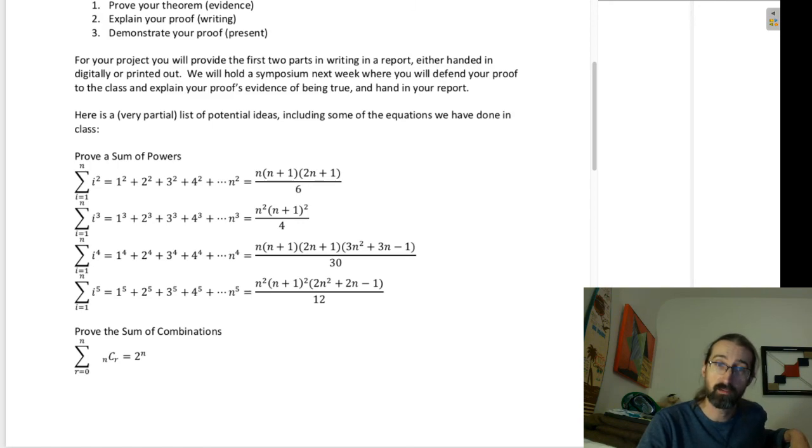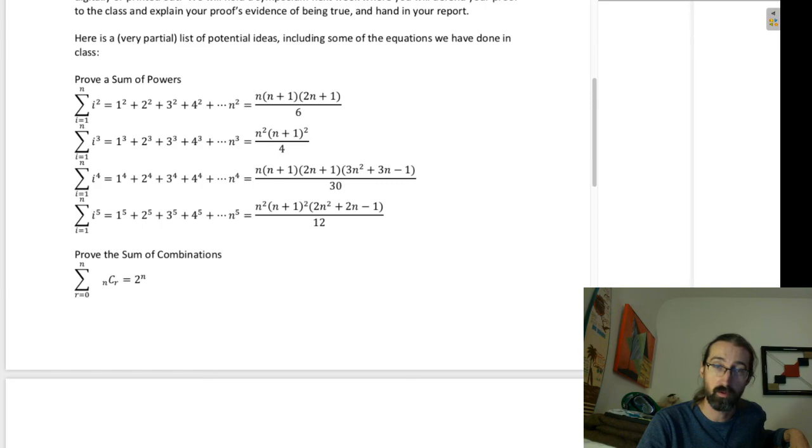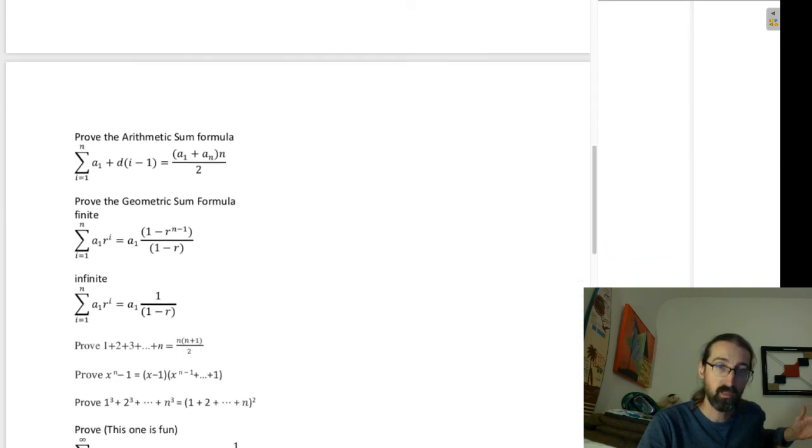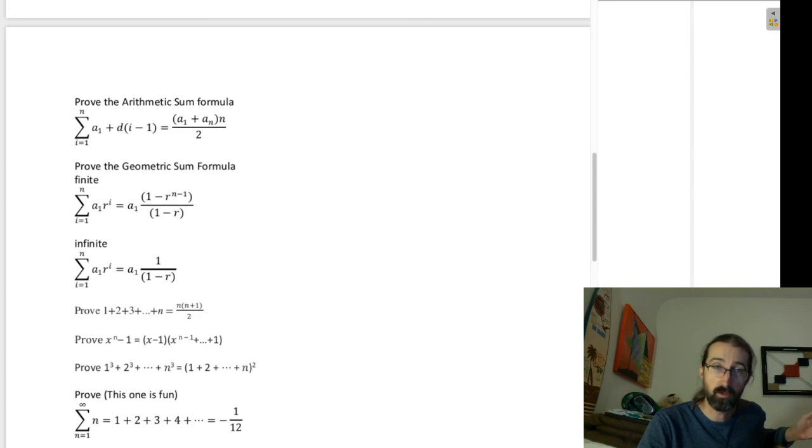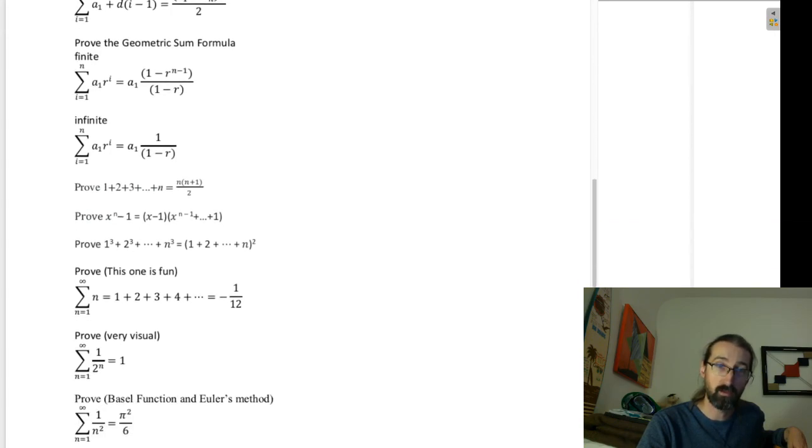Any of these are induction proofs. The sum of combinations, here's an interesting one. If you add up all the combinations, that's 2 to the n. The arithmetic sum formula, you could do this by induction, or the geometric sum formulas that we did at the beginning of the semester. Remember those arithmetic sums and geometric sums? You can prove any of these formulas down here.